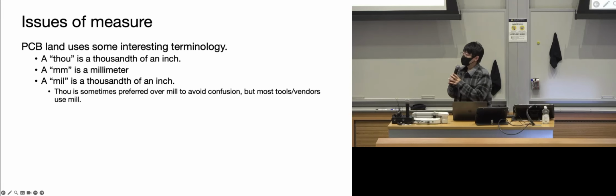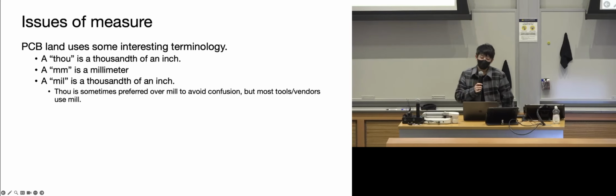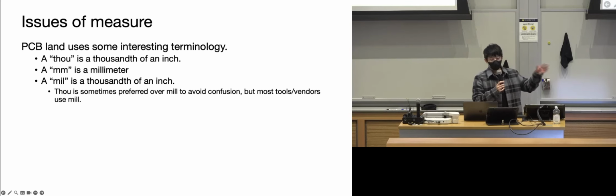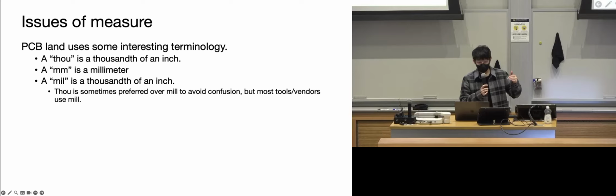There is some unit of measure confusion in the PCB world. This is due to historic reasons, just like a lot of the measurement units in the US. So a thou means a thousandth of an inch, and a millimeter means a millimeter. A mil means a thousandth of an inch.